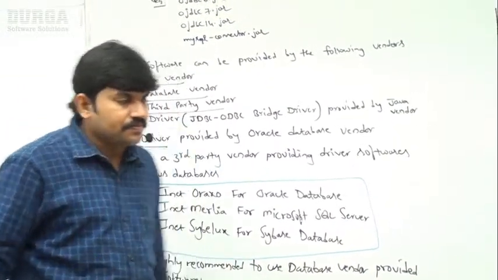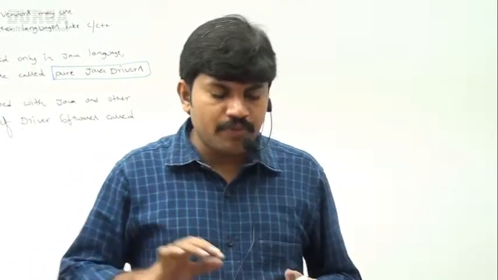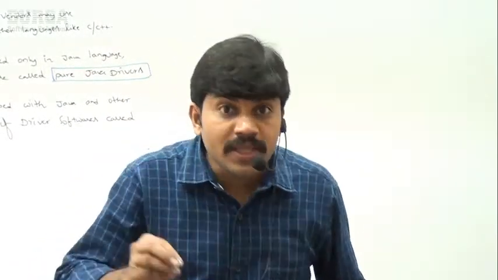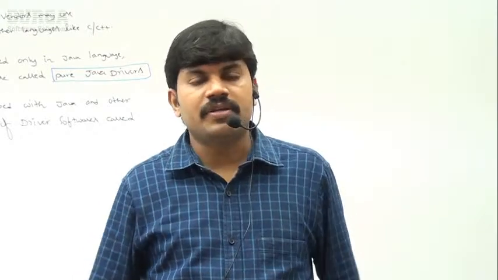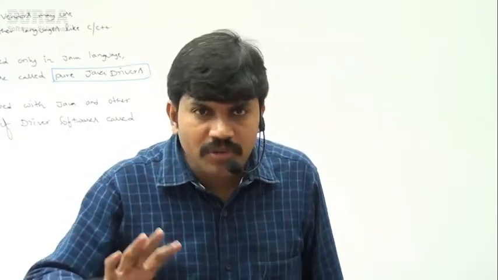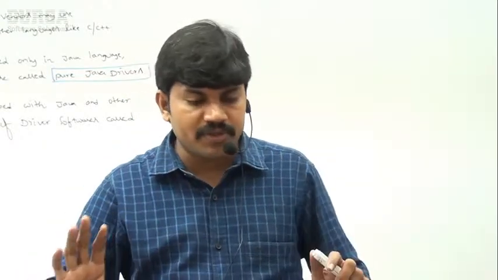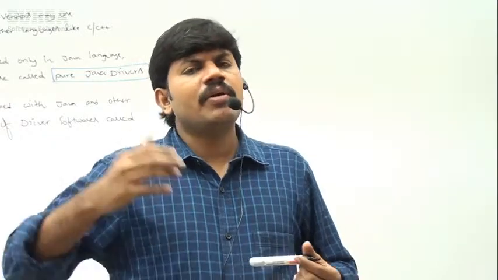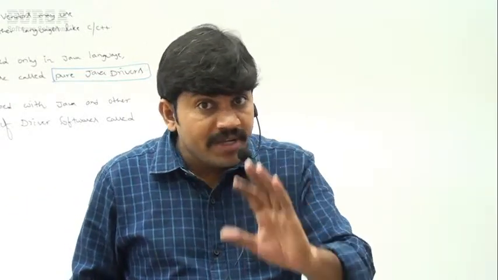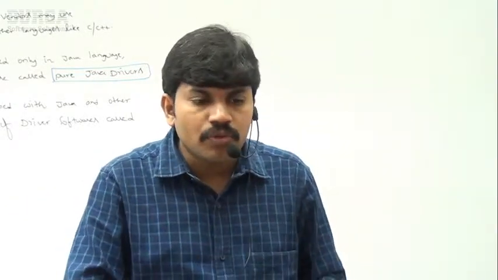Okay, that's all, sir. We just covered what is driver software. Who is responsible for developing driver software? Sometimes Java vendor, database vendor, third party vendors, right? But most of the time, what is recommended? Database vendor provided driver software. Next, while developing driver softwares, vendors may use only Java.